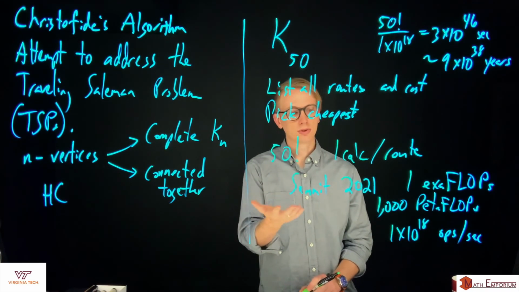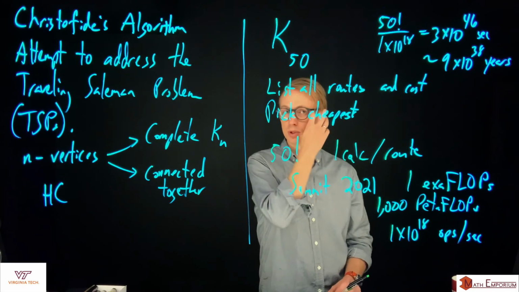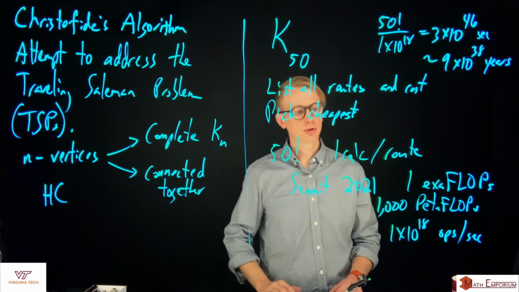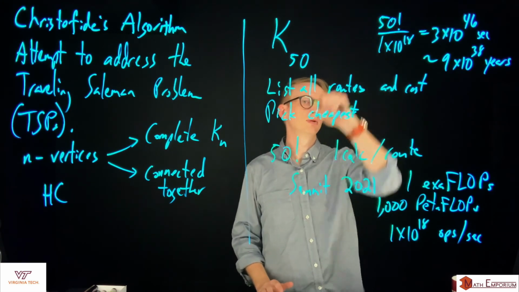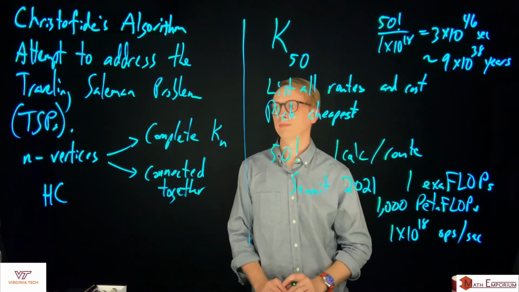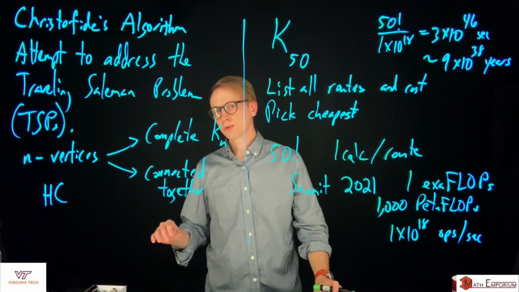And you can actually do this yourself. Suppose you're willing to dedicate a year to solving a traveling salesman problem. See how many nodes this particular supercomputer can handle. All you have to do is keep adjusting that 50 factorial down until it's about a year or whatever time frame you allow.